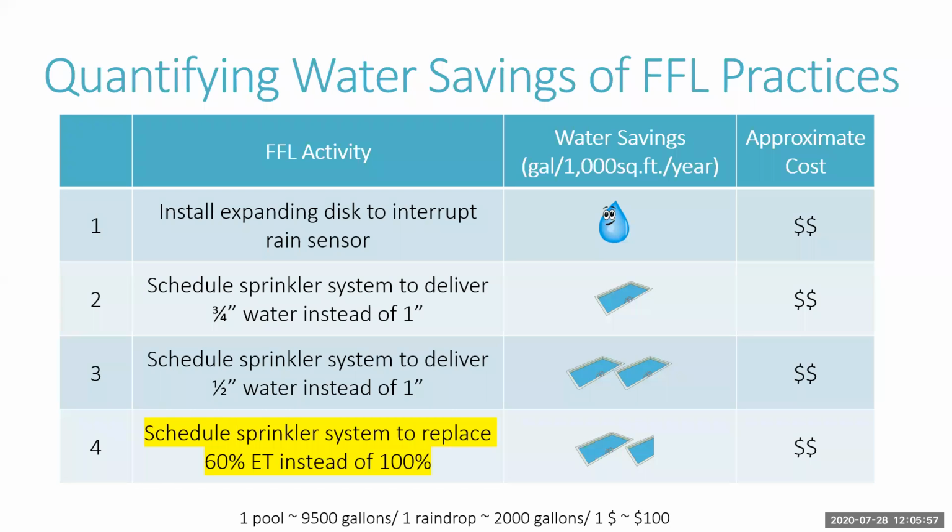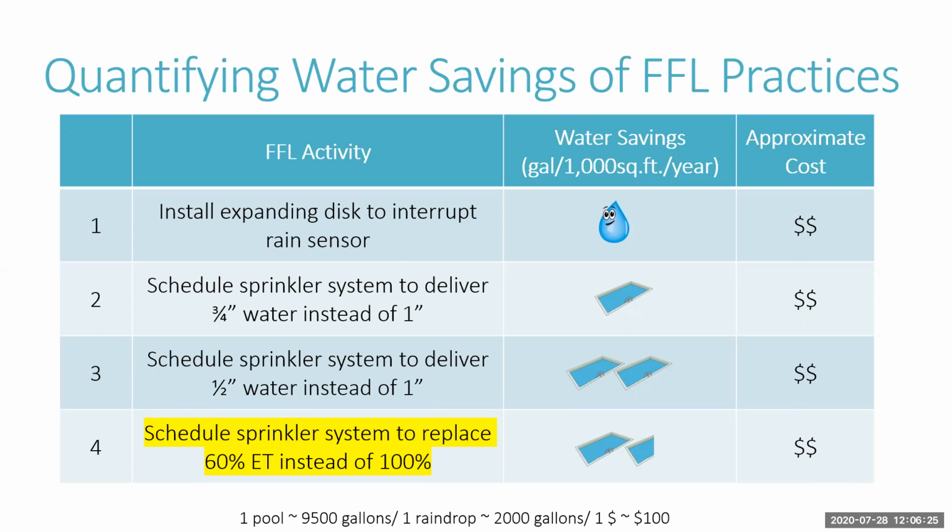We'll look at a few more water savings potentials with Florida-friendly landscaping practices. In particular, as it relates to the smart irrigation controllers, if you look at the highlighted section, if you adjust your sprinkler to replace 60% of the ET or evapotranspiration versus 100%, there's water savings to be had there. Now, there is a cost associated with that potentially.